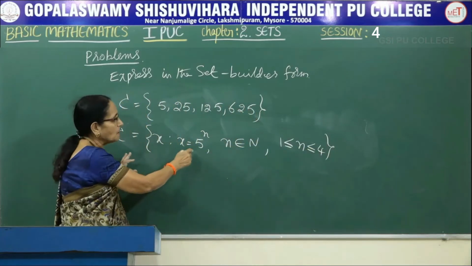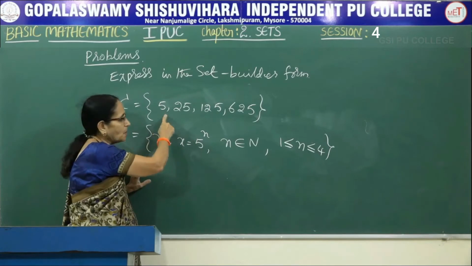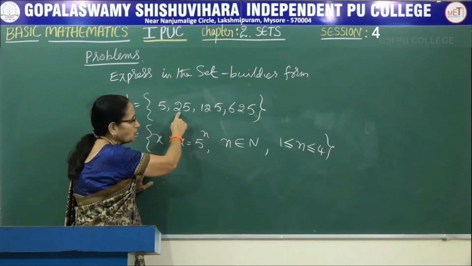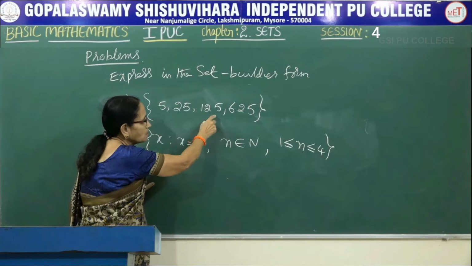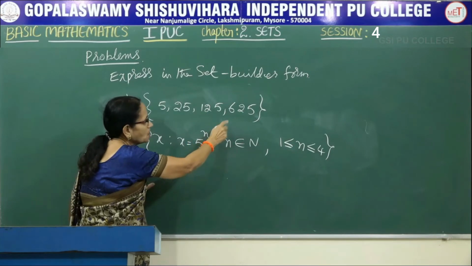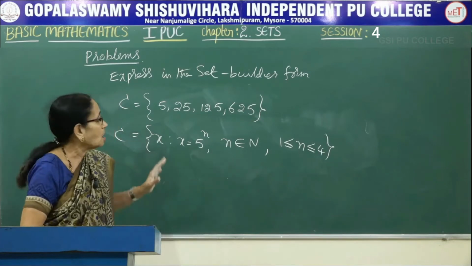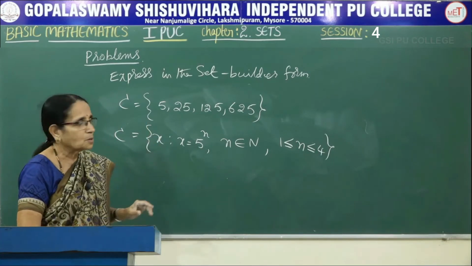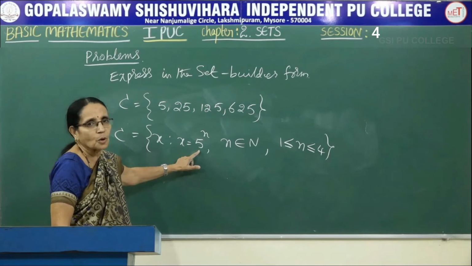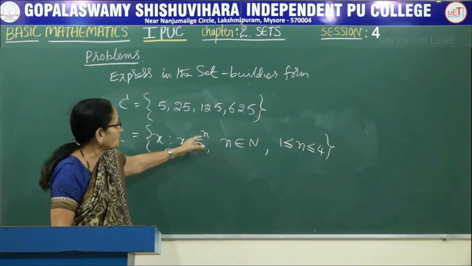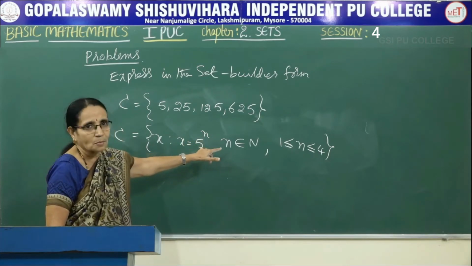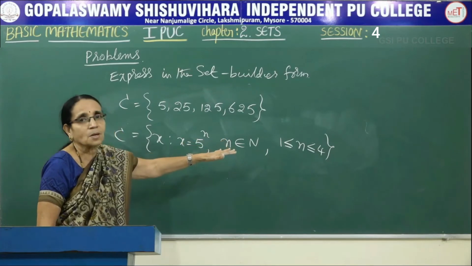So give the values. 5 to the power 1, first element. 5 to the power 2, 25. 5 to the power 3, 125. 5 to the power 4, it is 625. So this would satisfy all the numbers that have been given. Each number is in the form of 5 power something. And what is that something? It is a natural number. And what are the restrictions for the natural number?